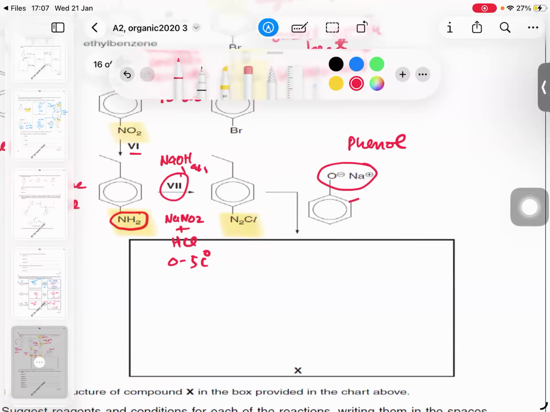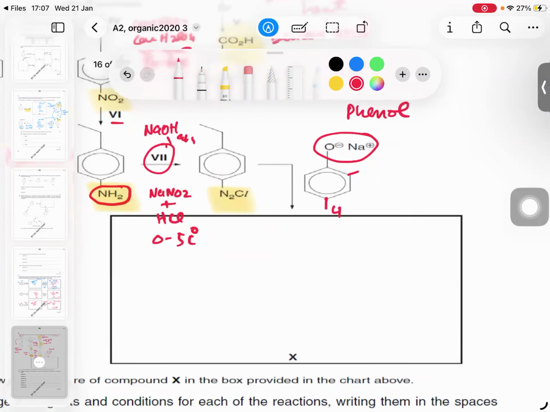Carbon number 2 or carbon number 4 of the phenol or phenylamine gets the N double bond N. So here it is: ONa, and here at carbon number 4, we attach N double bond N, and then I'm going to draw a benzene ring.